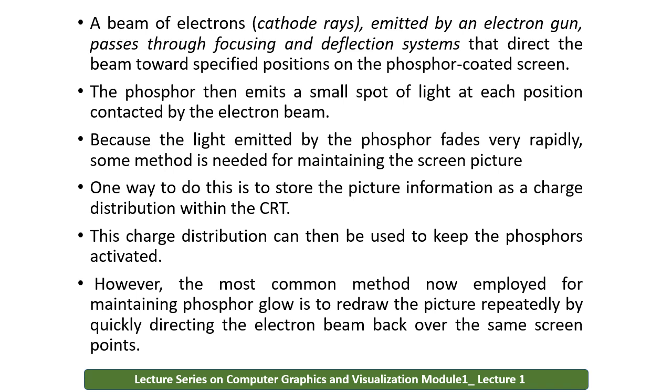This charge distribution can then be used to keep the phosphors always activated. The most common method now employed for maintaining the phosphor glow is to redraw the picture repeatedly by quickly directing the electron beam back over the same screen points.